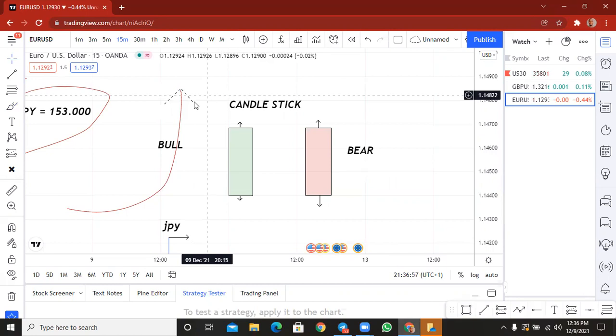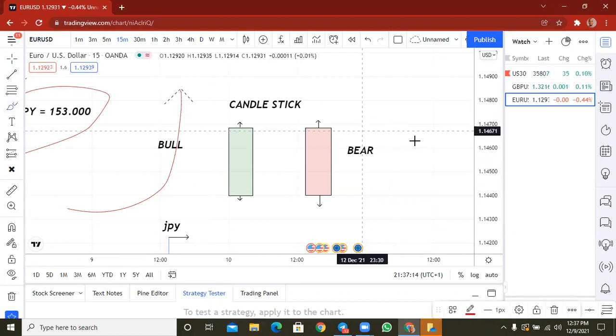You say it is bullish, means it's going up, right? And the bear, you see written on my screen, is used because the bear attacks its prey in a downward motion.